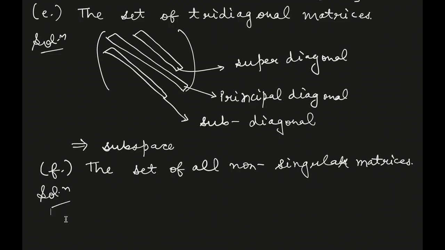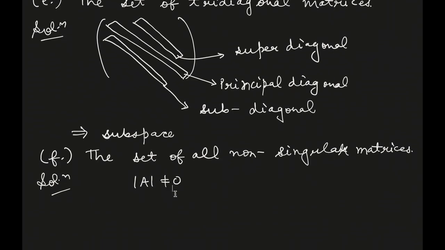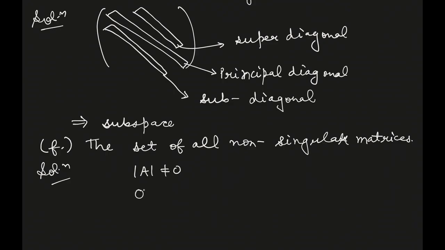The sum of non-singular matrices may be singular, so it is not always non-singular. Clearly, the zero matrix is not present in this set W. The additive identity is not present, so it is not a subspace.